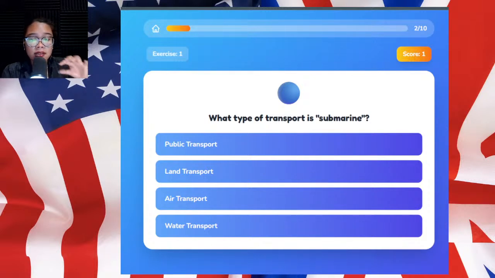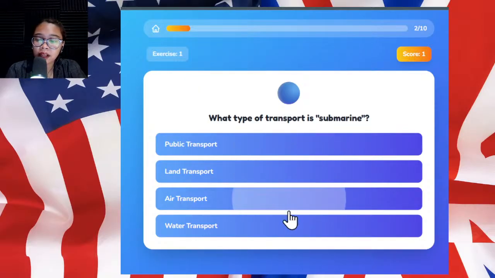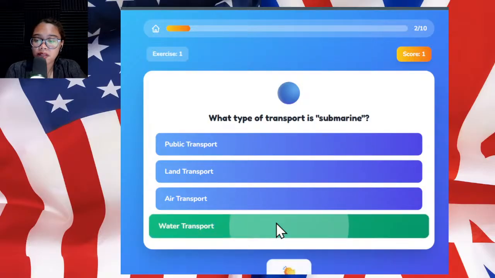Submarines, if you remember it correctly, are shaped like long, thin cylinders or cigars. This particular shape helps them move smoothly through the water without making a lot of noise or using too much energy. Again, what is our answer here? Not public, not land, not air, but it is water transport.